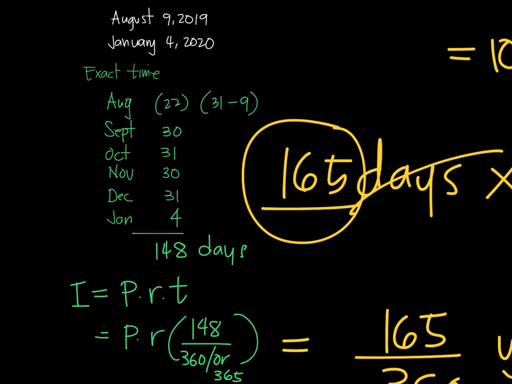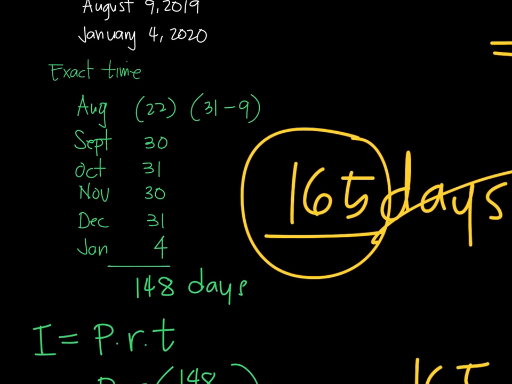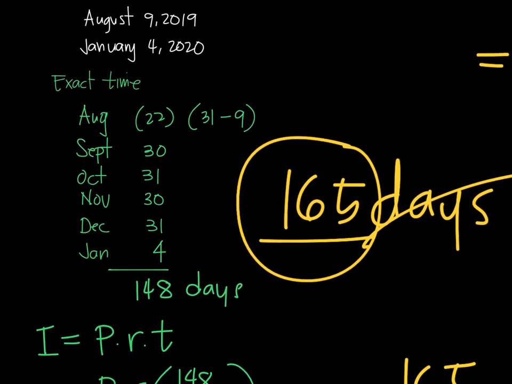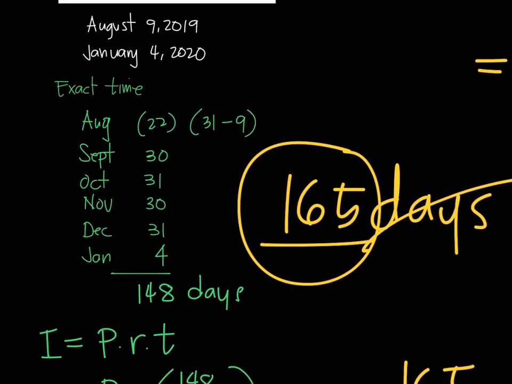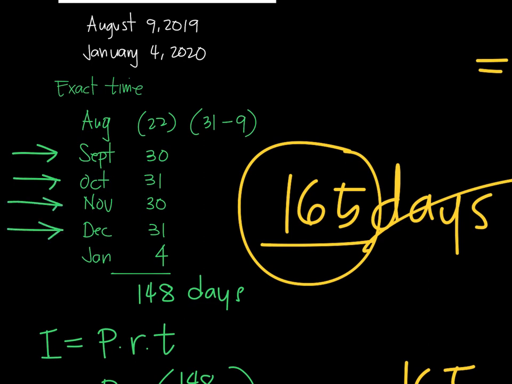Again, that's how you compute for the exact time. List down all the days from the starting month to the last month where you have to pay the borrowed amount. Just count the number of days and make sure you write the corresponding number of days for each month.